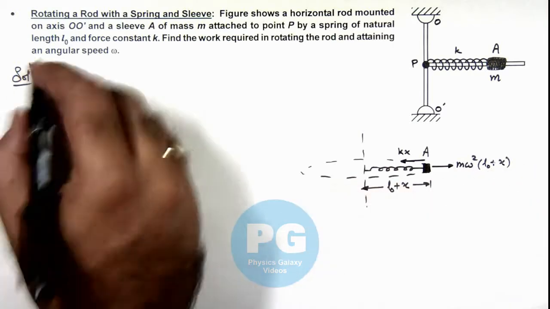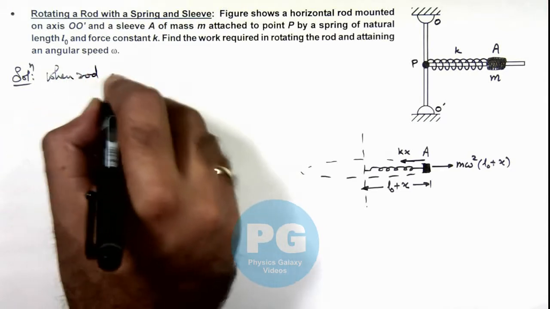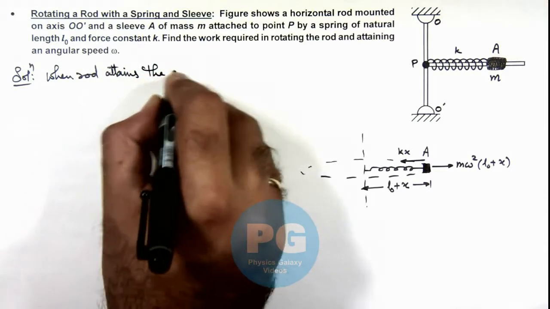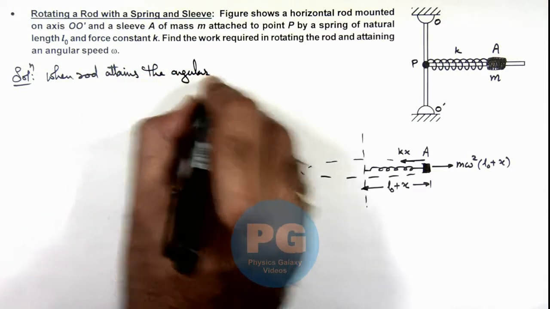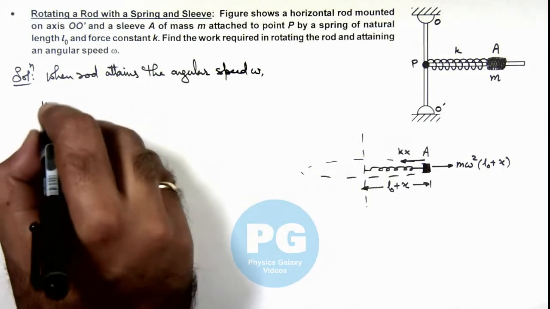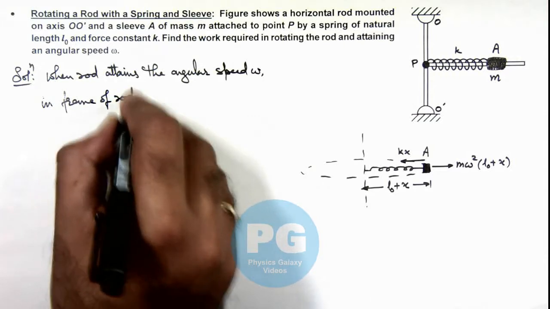So in this situation we can write, when the rod attains the angular speed omega in frame of rod, which is the rotating frame.